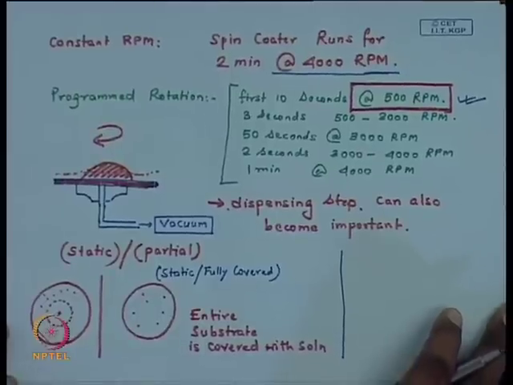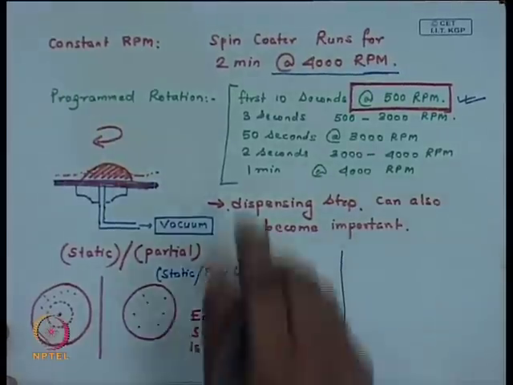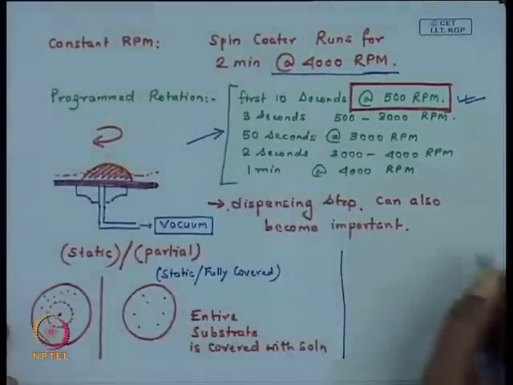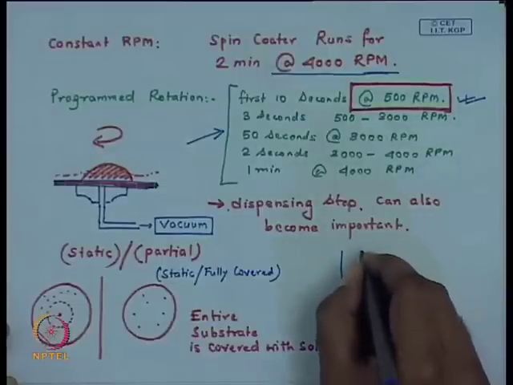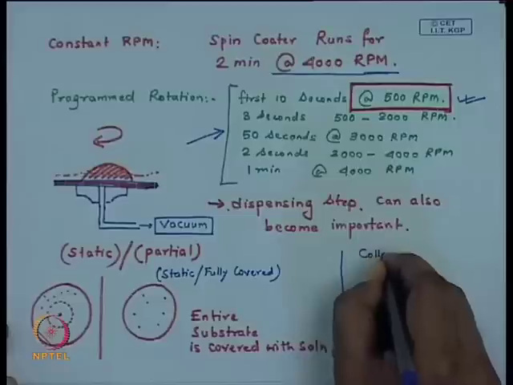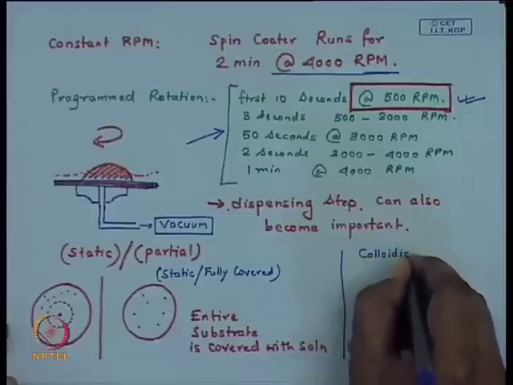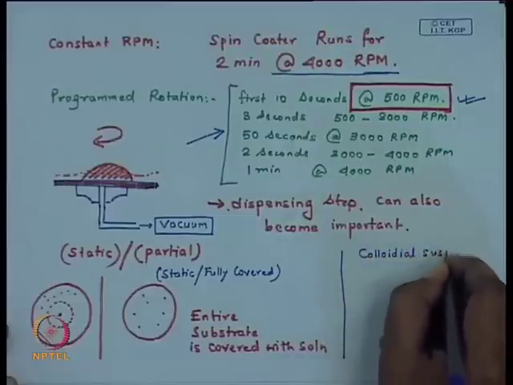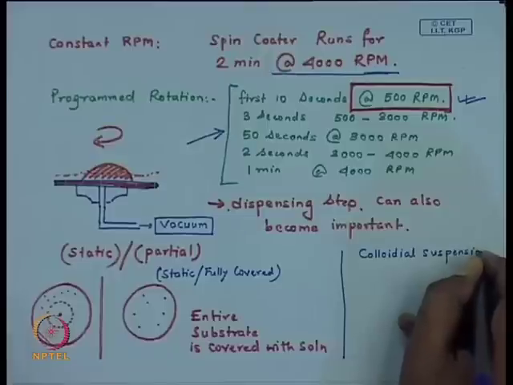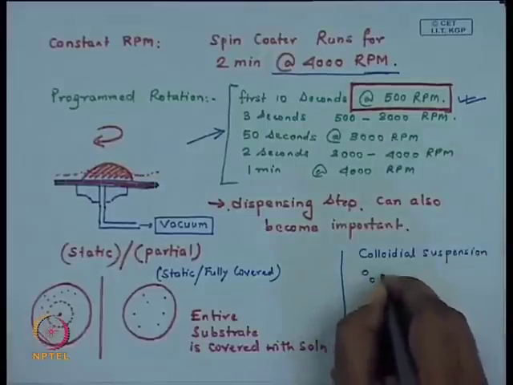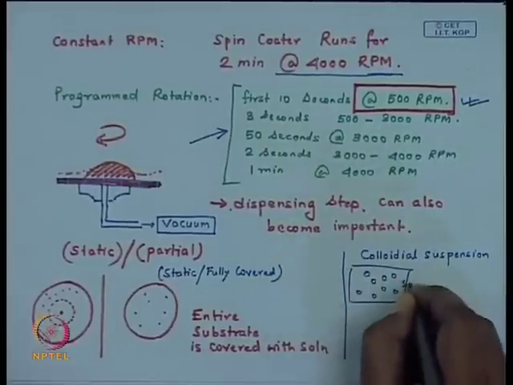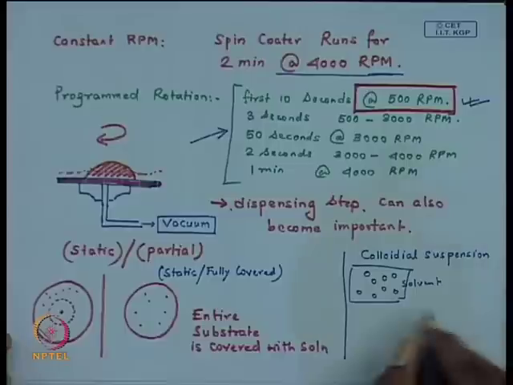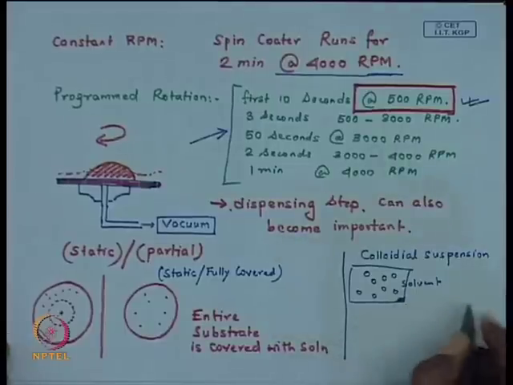These are non-standard classifications, but I am just trying to give you the possible mechanisms. The third one, where a programmed coating becomes very useful, and this is particularly important not for a polymer solution but if you are, let us say, dispensing a colloidal suspension where you have some small particles dispersed in a solvent, where again the particles will remain on the surface after spin coating and the solvent will evaporate.